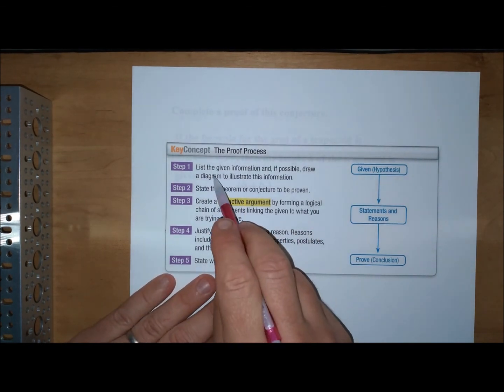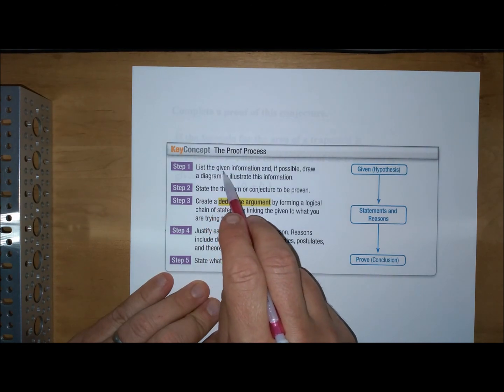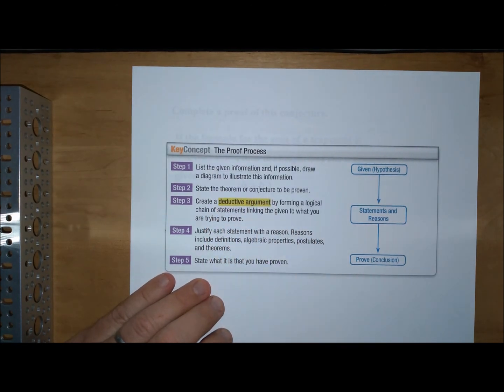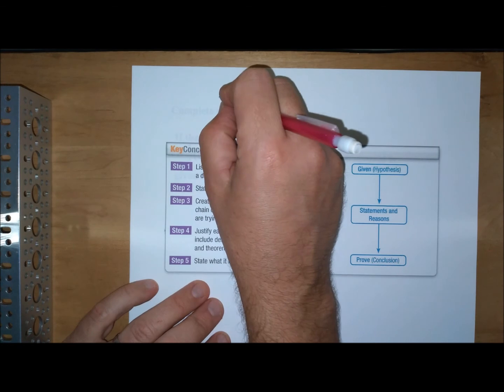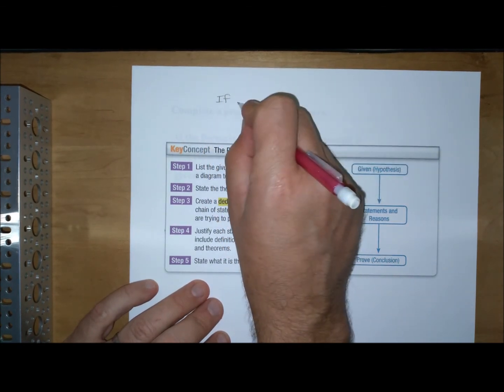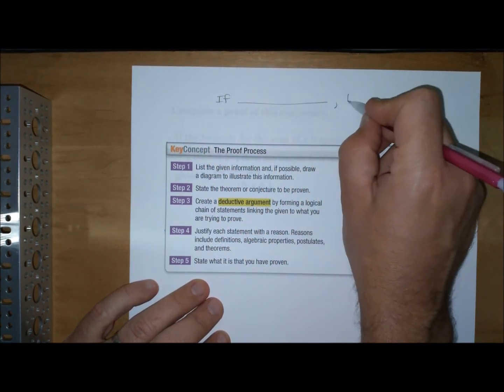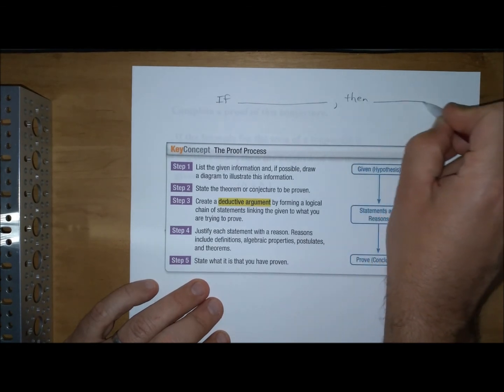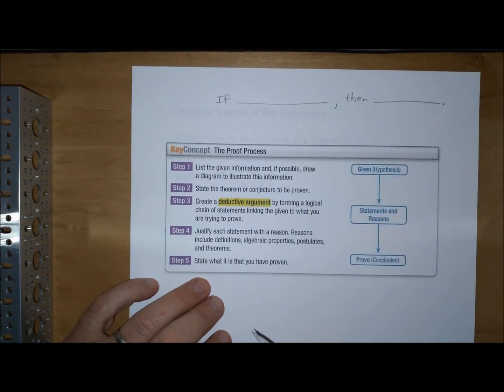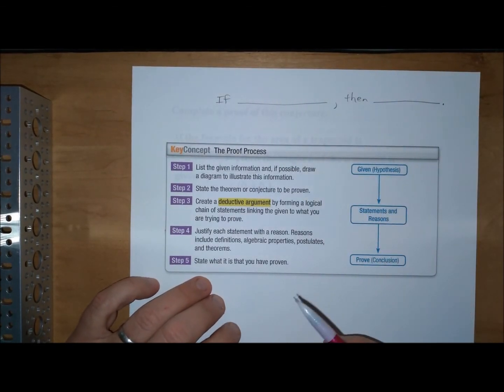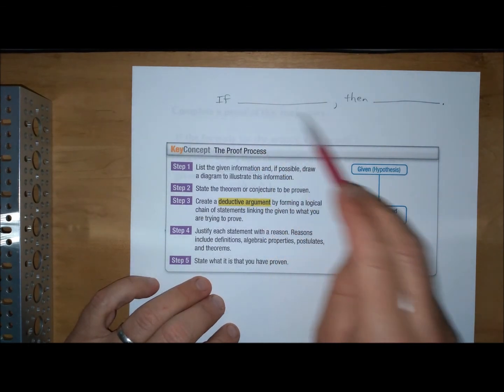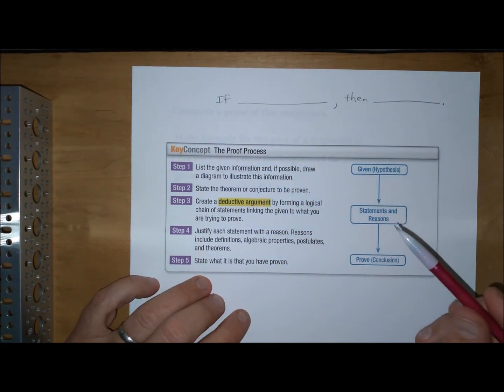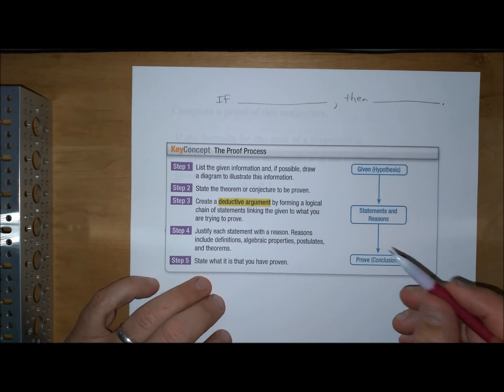Another thing that we should be mindful of is list the given information. Now, sometimes you're asked to do a proof and it comes in this format. If a bunch of information, comma, then something must be true, okay? You'll see a lot of problems, a lot of proofs in this format. Hopefully this looks familiar to you. It is, of course, a conditional statement.